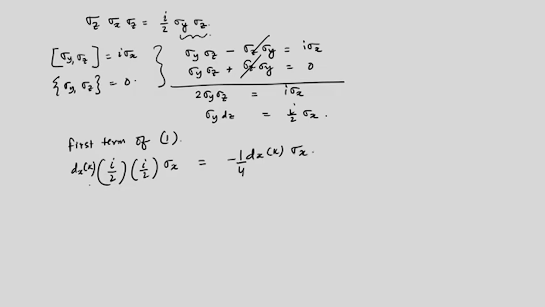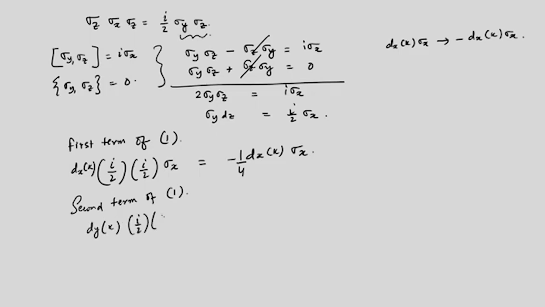So you see what happens is that the term which is dx(k) sigma x becomes minus dx(k) sigma x, okay. And similarly you can check that the second term of h1 is dy(k), and again that same thing, it's i/2 times i/2 sigma y. So this is equal to minus 1/4 dy(k) sigma y.